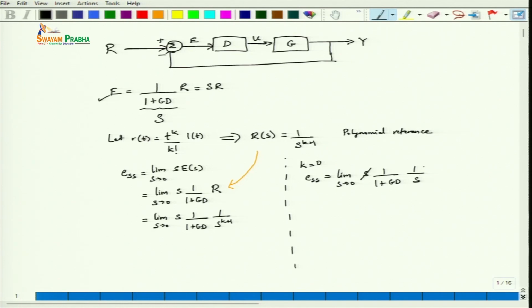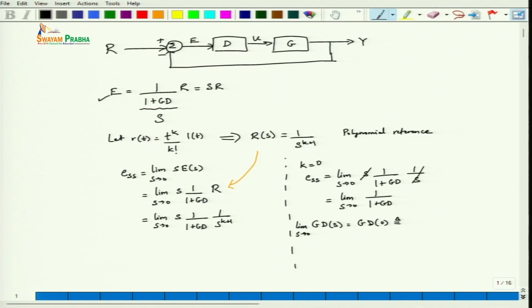So this cancels out, and what we are left with is limit s tends to 0 of 1 divided by 1 plus GD. As s tends to 0, this GD of s is basically GD with s equal to 0.